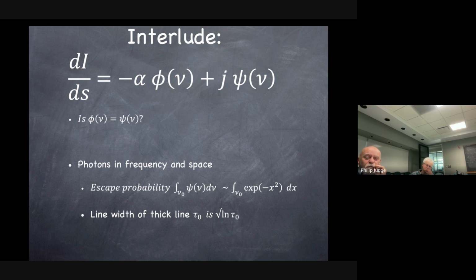And the only point I want to bring up here before we get into that, because it will become evident why that's important later in the numerical solutions, is that I'm going to now talk about this in terms of the migration of photons in space, which is dI/ds.